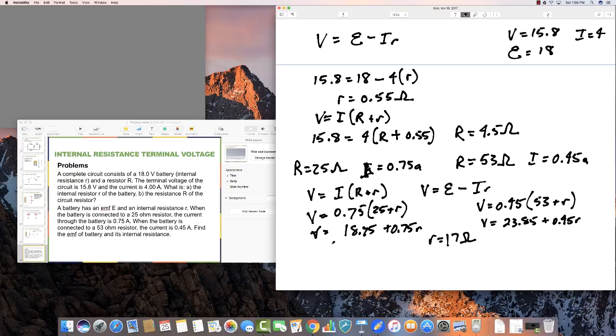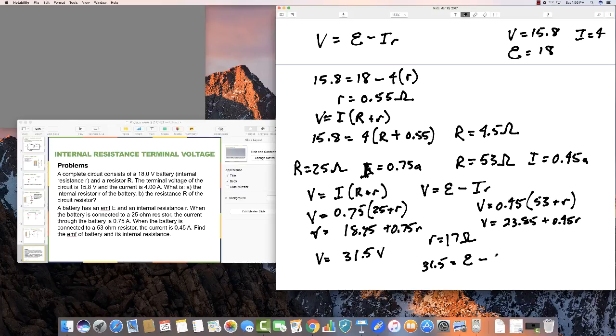And if you put that in this formula here, that means that the voltage here is 31.5 volts. So what's the EMF here? Well, we know this formula, that 31.5 is going to equal E minus Ir, and you can pick either one of these, it doesn't matter which one.